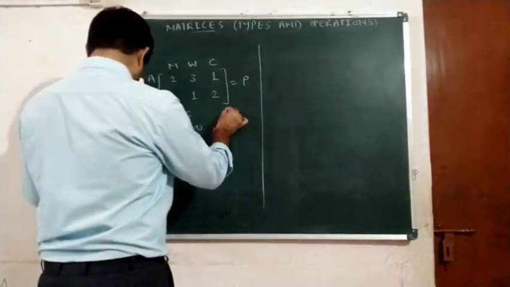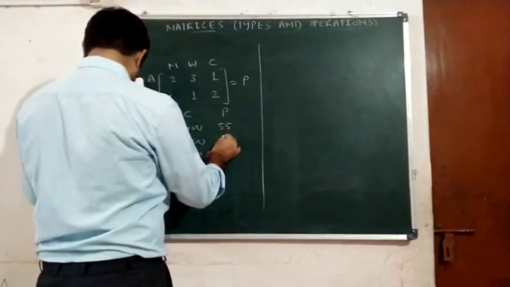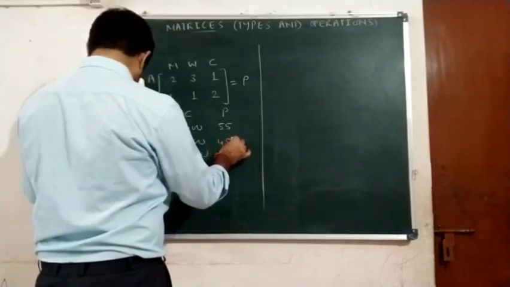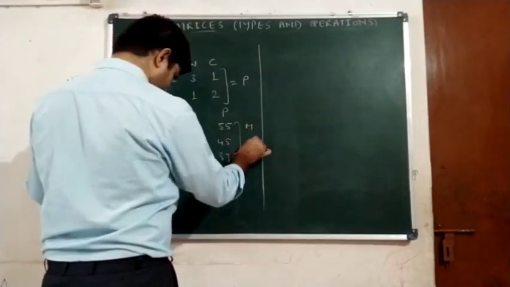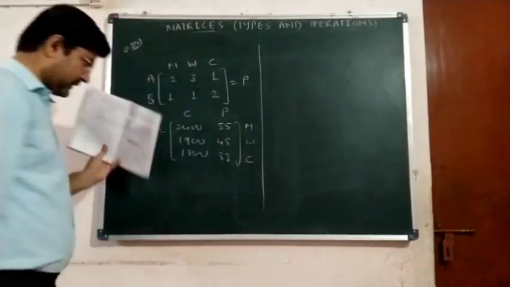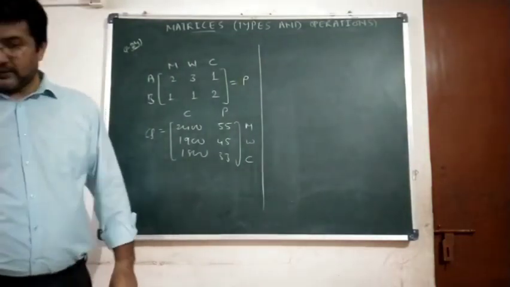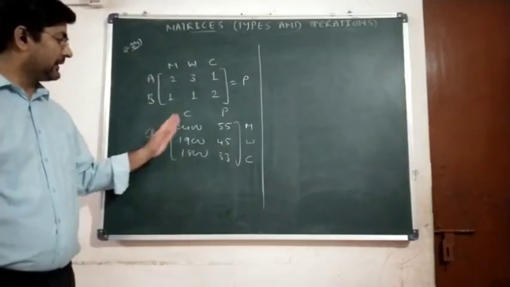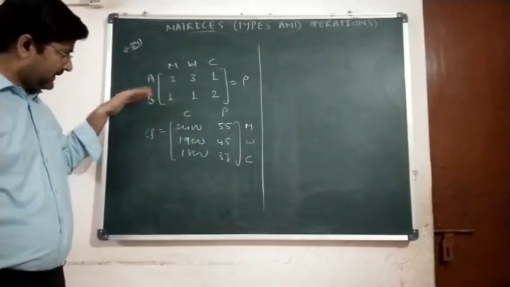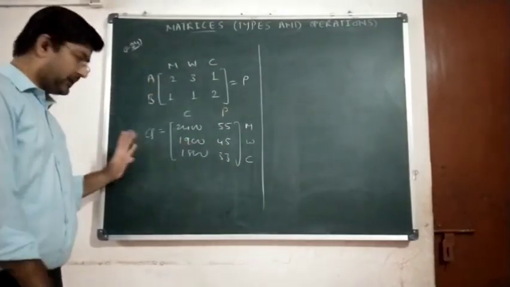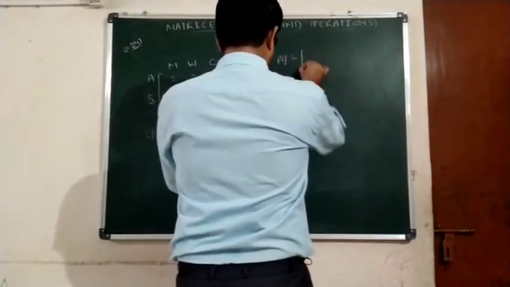Okay, and protein requirements are 55 grams, 45 grams and 33 grams. This is for men, women and children. So obviously, in order to find the daily requirements of calories as well as protein for the two families A and B, we will take the product PQ. Clear?